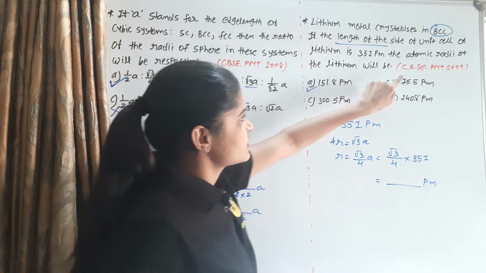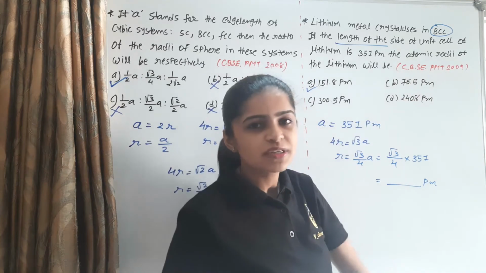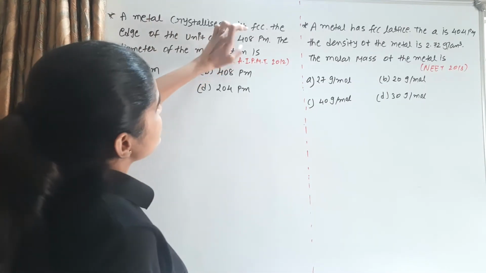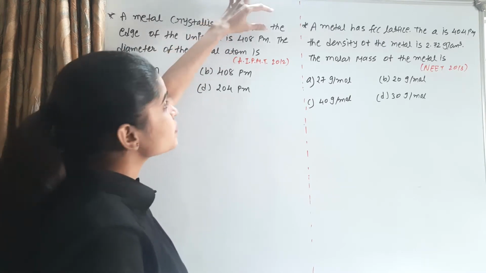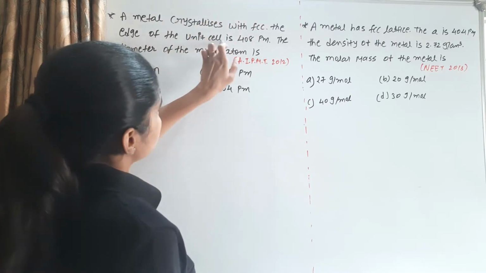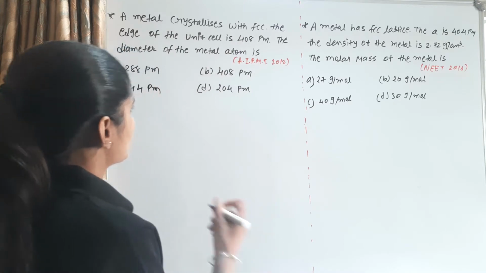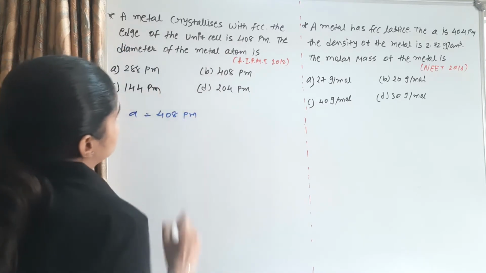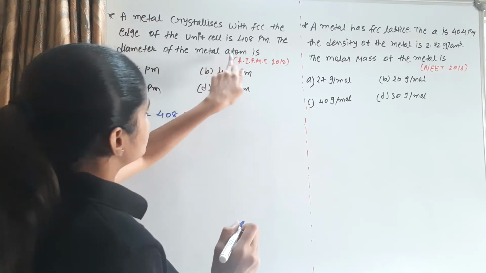This question was asked in CBSE PMT 2009. Next, a metal crystallizes with FCC. The edge of the unit cell is 408 picometer, so edge length a = 408 picometer. We find the diameter of the metal atom.